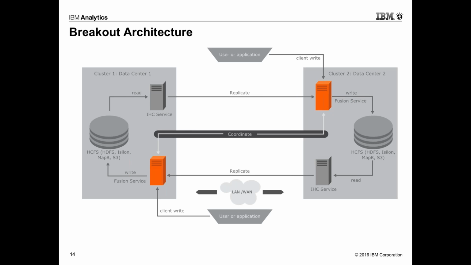So here's a diagram showing how this architecture works. In this diagram, we have two data centers participating in, let's say, an active scenario, and a user or an application on cluster 1 initiates a write request. That gets intercepted by the Fusion server on that cluster, which then coordinates that write request with the Fusion server on cluster 2.